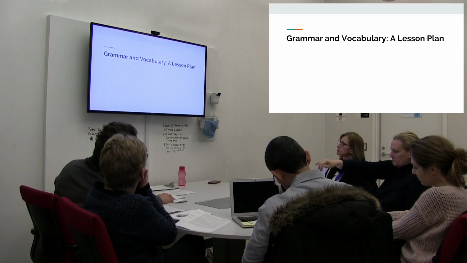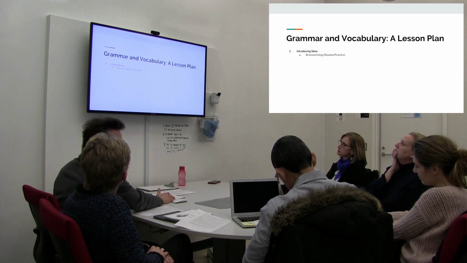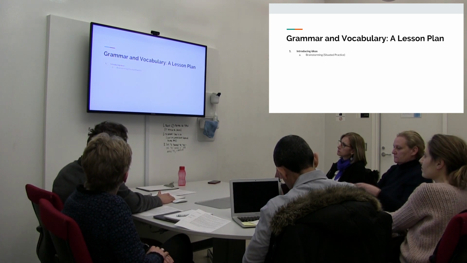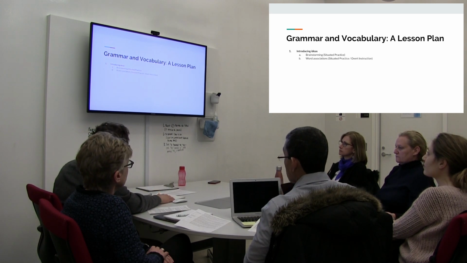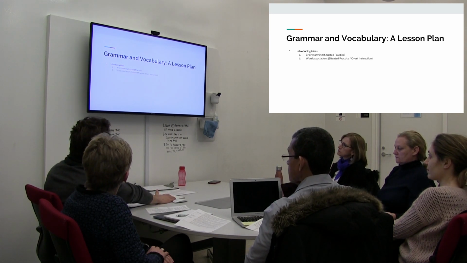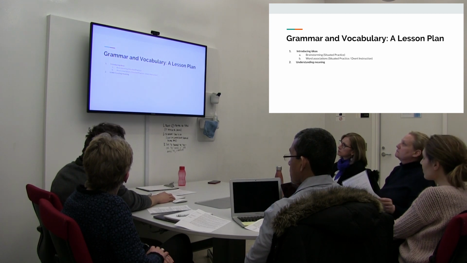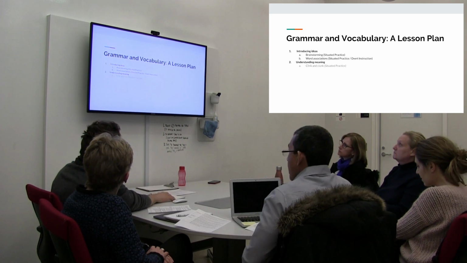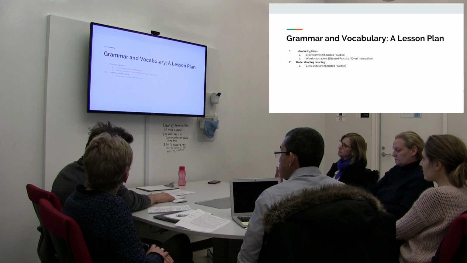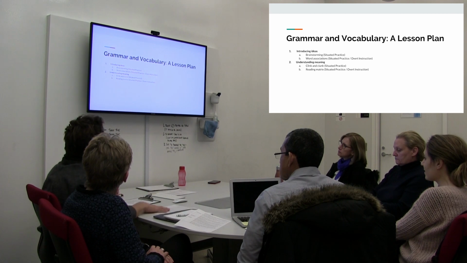Let me move forward. Situated practice, just like we said, we also added a bit of analysis in there. The word associations, which is 1B, situated practice, overt instruction. Understanding meaning, which is the second part of the lesson plan, situated practice, overt instruction would be 2B, reading matrix.